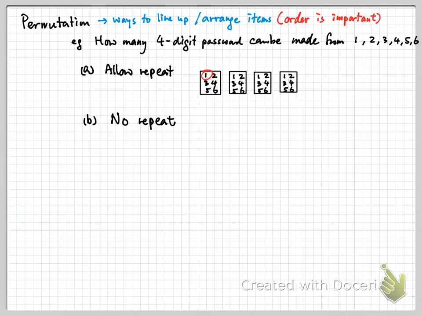So we call these independent events. There are 6 choices in the first number, another 6 choices in the second number, 6 choices in the third, and 6 choices in the last, knowing that they are independent events. So what do we do with independent events? Do you recall?